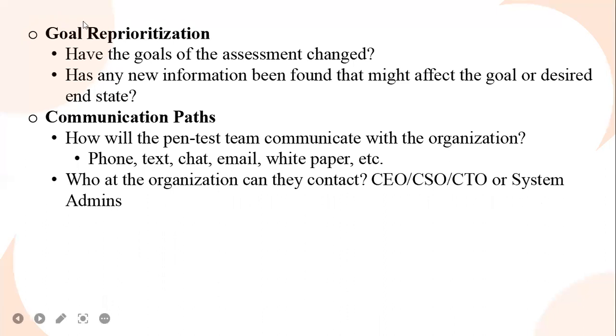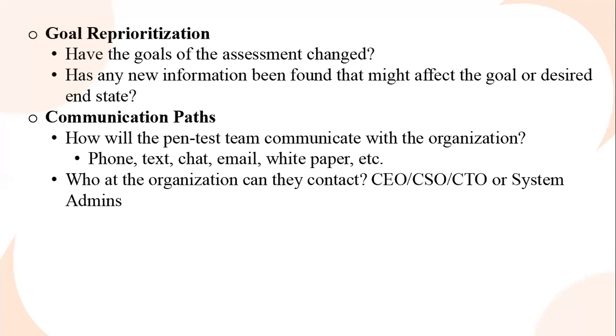Then, of course, goal reprioritization. In project management, that's what we call scope creep. Scope creep is when you say, I want to build a one, two, three bedroom flat for a client, and by the time you start working, you find out that you're going to be adding a BQ, a boys' quarters, or a gatehouse, or a car park, a carport.